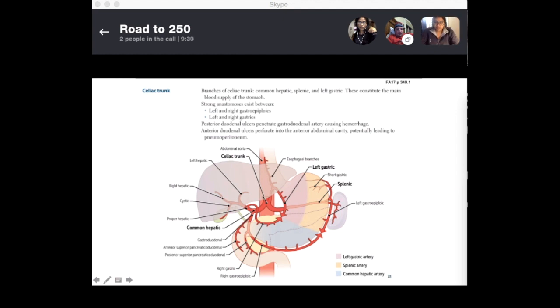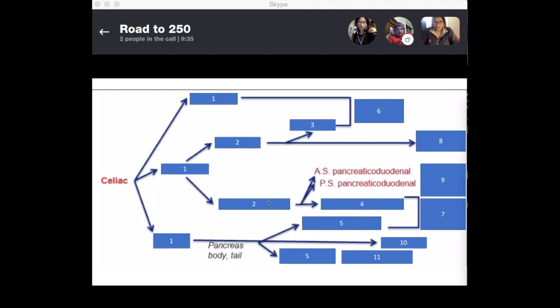The reason I go over this is because on the next slide, I'm going to quiz you on it. Okay, so one more time, the three branches of the celiac trunk. Common hepatic. Right gastric. Maybe the left gastric. Left gastric. And one more.